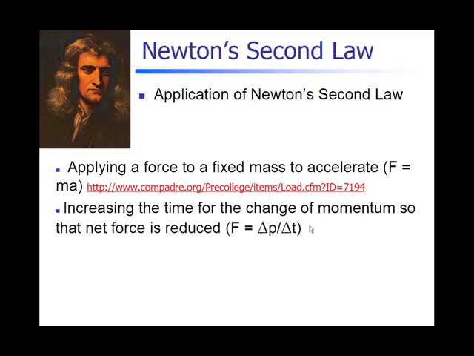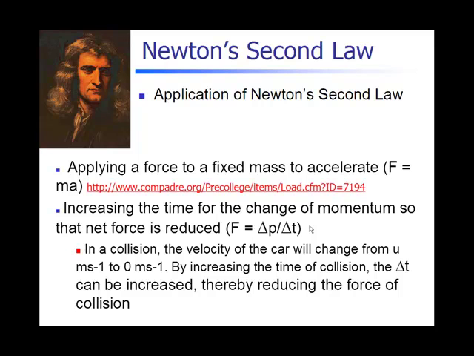Now, another application of Newton's second law. How do we reduce the force that acts on a person, let's say in a collision? To reduce the force acting on a car when it collides with a body, we know that force is the change in momentum over the time it takes to change the momentum. So, when a car collides with a fixed object, the velocity of the car will change from a certain value, let's say u, to 0.